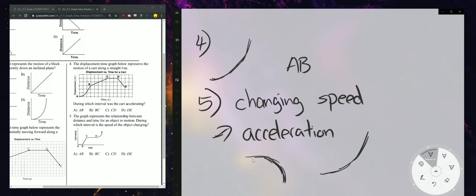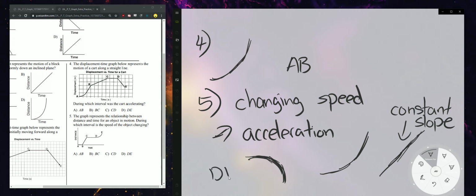Any type of curved line works. It's definitely not a straight line. This is a constant slope. Not accelerating. So it's DE. So the answer for 5 is D.